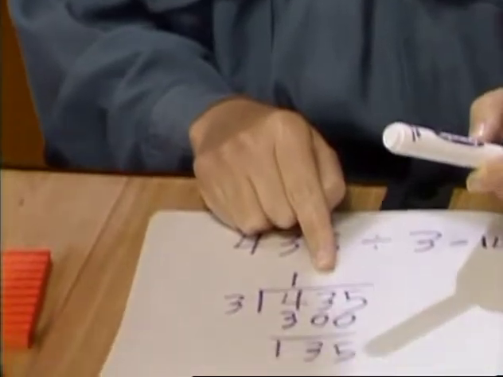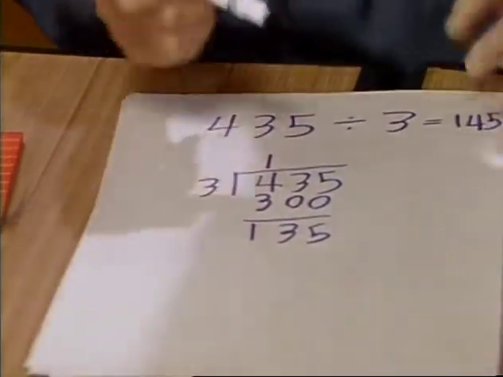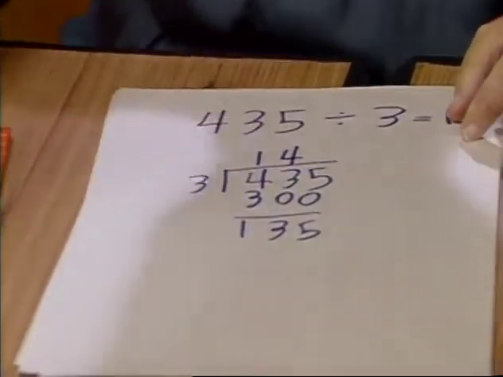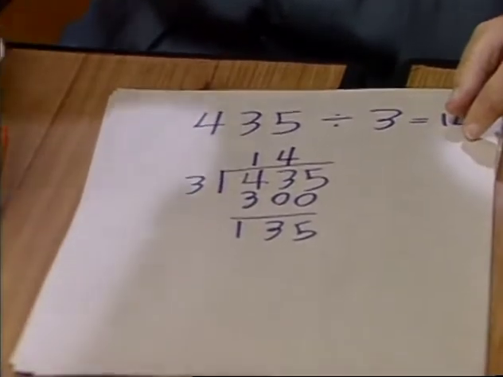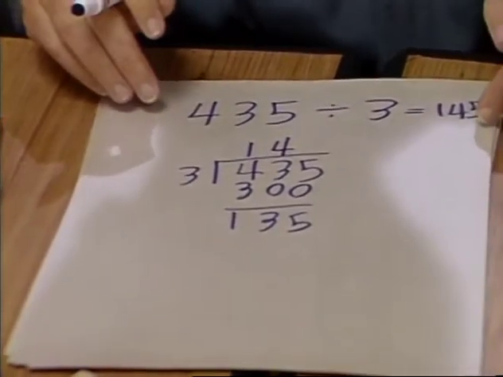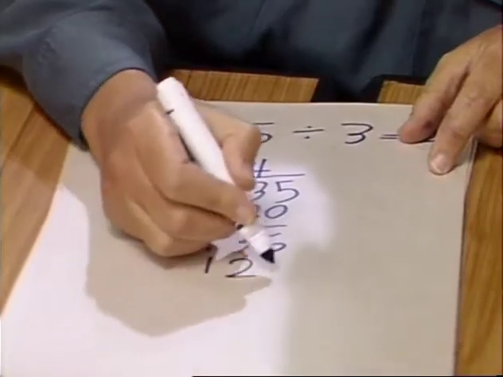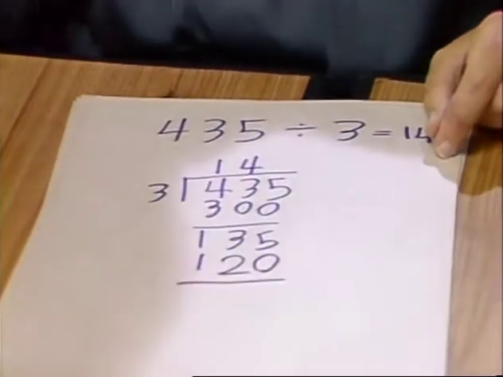The first thing I'm asking is, how many 10s did you put in each group? 4. And my second question is, how many 10s did you put up here altogether? 12. And how much is that worth? 120. So John just put up 120 altogether.